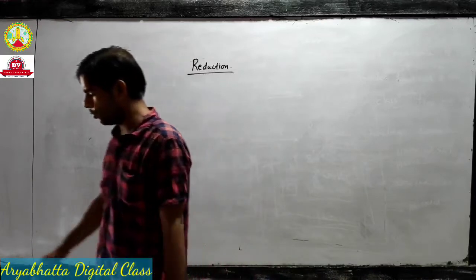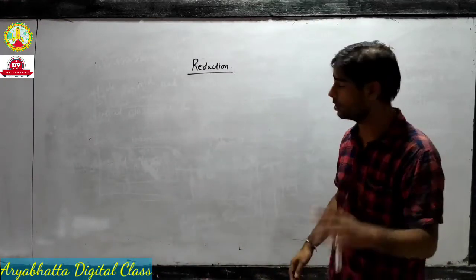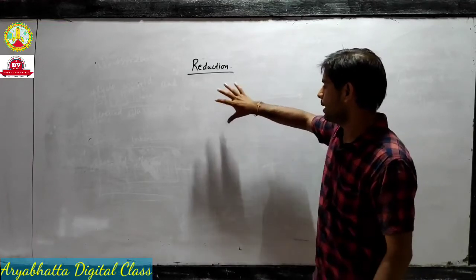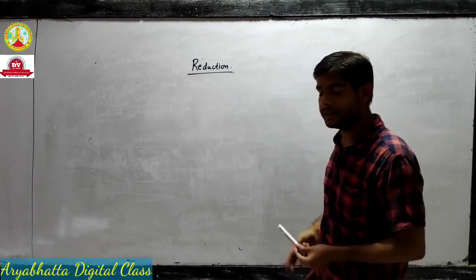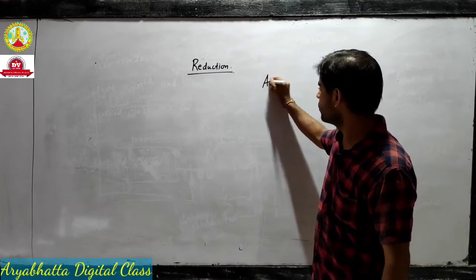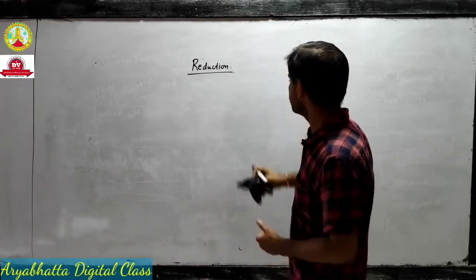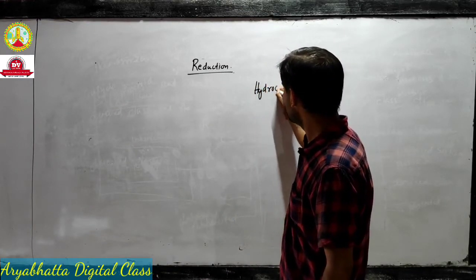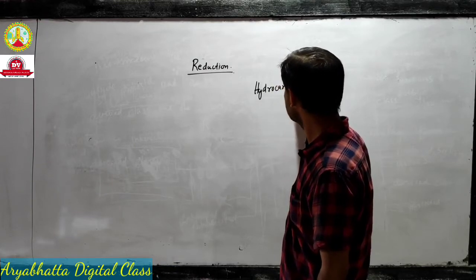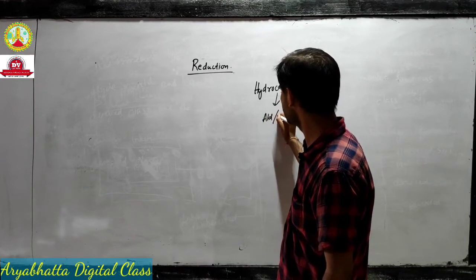What we have seen is that we reduced aldehyde to alcohols, but in class 11 there was a reaction where we have seen that you can oxidize hydrocarbons to aldehyde or ketone.